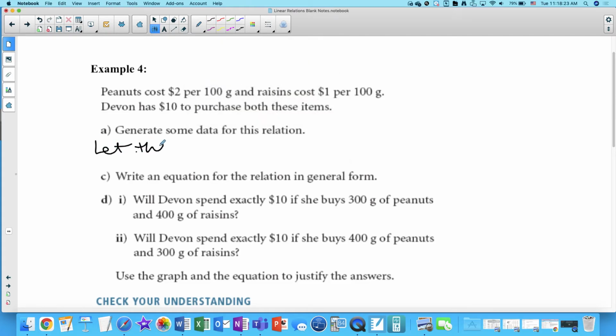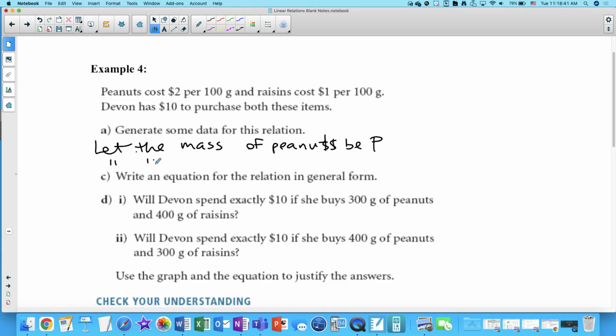Let the amount of peanuts be P, or I should actually probably use the word mass, not amount, but mass.